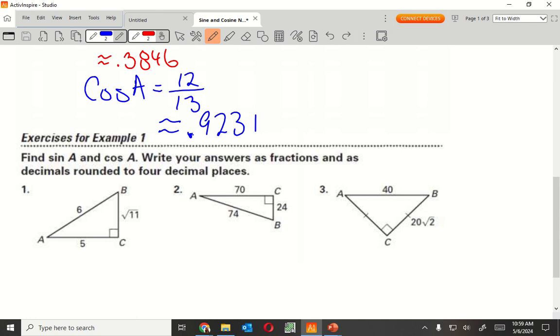Yeah, that one's going to be opposite. Careful, now we have to put them together. From sine of A, sine is opposite divided by hypotenuse. Make sense? Okay, go ahead, continue from there.